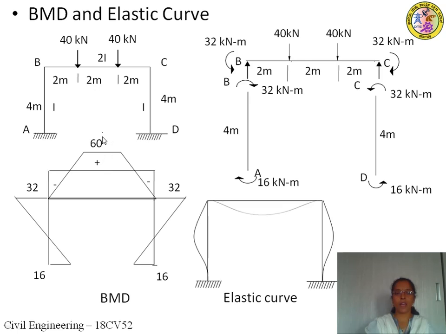If you draw an axis of symmetry here, it will be a mirror image. Shear force, bending moment as well as the elastic curve will all be mirror images of the left side or the right side. So this is how you should solve a symmetrical non-sway frame.